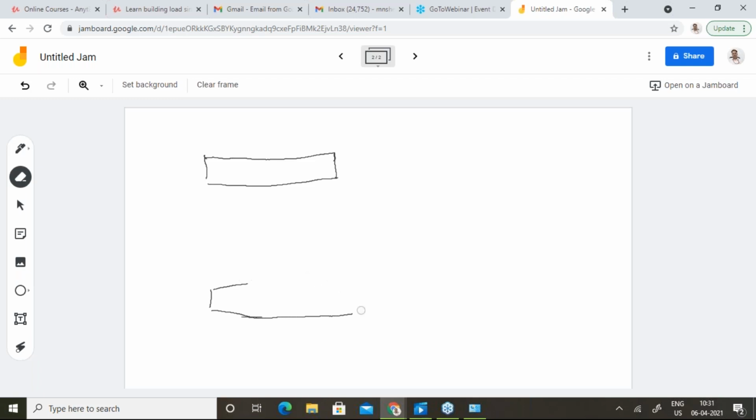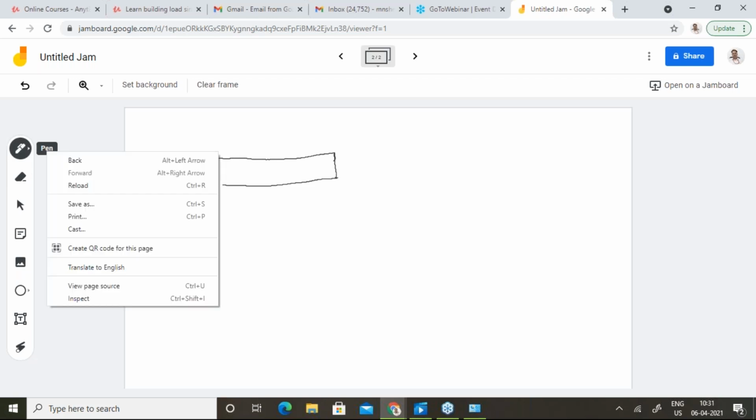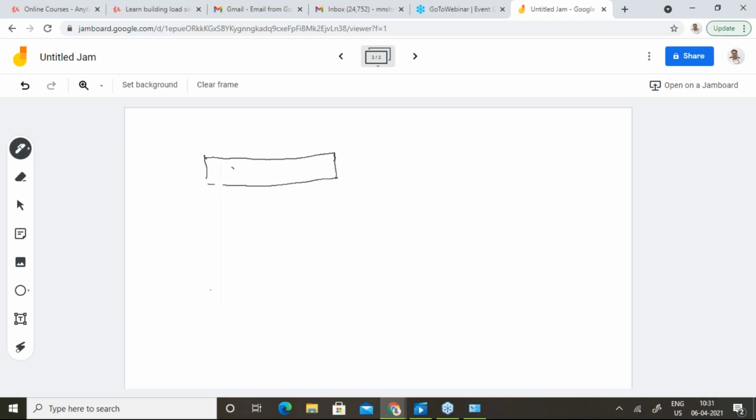So the high pressure side is the condenser. So the box which is drawn above, that I will call it as a condenser. Okay. So let me call this as a condenser. This is a condenser which is high pressure heat exchanger, and we can draw similar heat exchanger on a lower side and we'll call it as an evaporator.